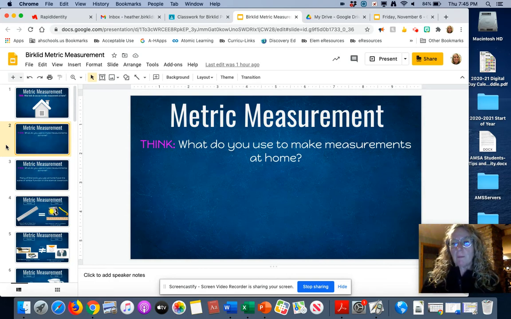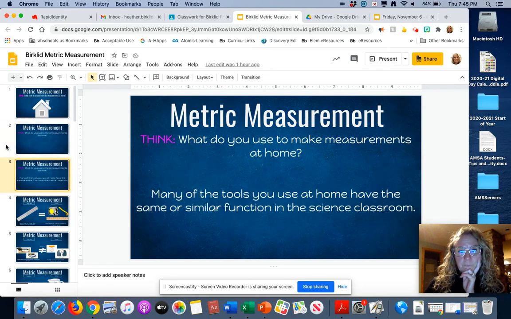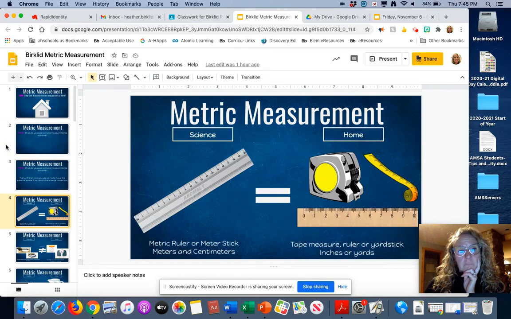And the interesting part is that it really transfers to the classroom. They do the same thing. For example, at school, we might use a metric ruler or a meter stick to measure the length of things. At home, you might use a tape measure or a ruler or a yardstick to measure things in inches and yards.